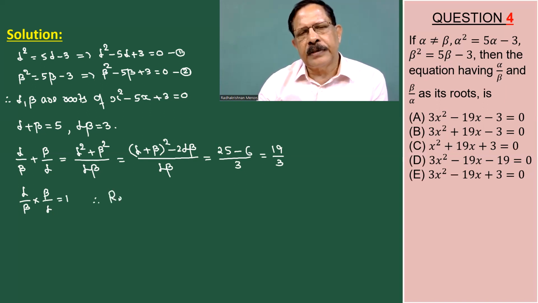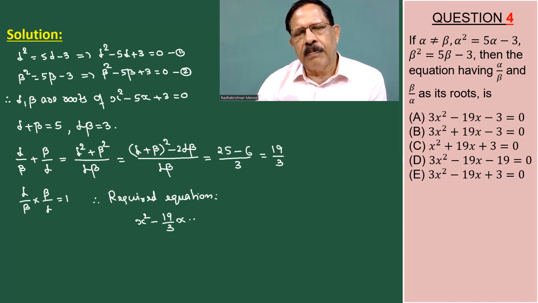Therefore, required equation. What is the formula? x squared minus sum of roots, that is 19 by 3, into x plus product of roots 1 equal to 0. Which implies when you simplify, multiply by 3, you are getting 3x squared minus 19x plus 3 equal to 0.